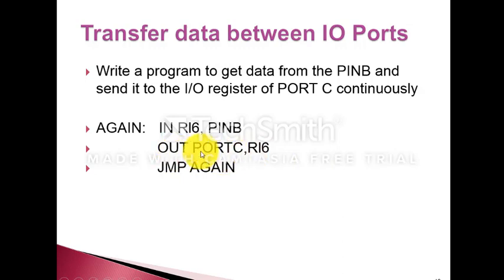It is a major mistake that many of you guys will make while programming. Some guys may write port C or port B here, but that is not correct. Whenever you want to take an input from some port, you have to write pin B here, and whenever you want to send some data to the output device, you have to write port C like this.